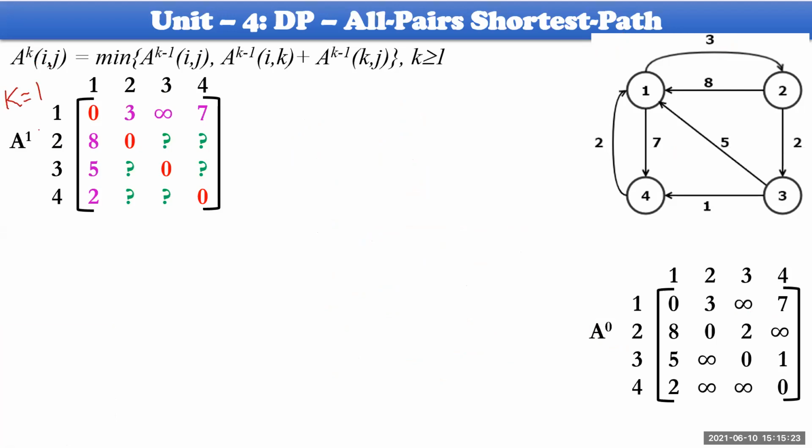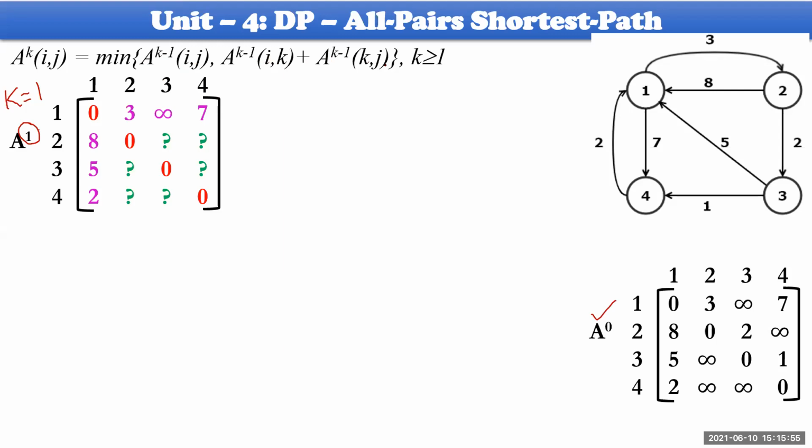A power k i comma j is equal to minimum of A power k minus 1 i comma j. K minus 1 is A power 0, which we have here. So A power k minus 1 i comma j, comma A power k minus 1 of i comma k, so as this particular value as intermediate vertex i comma k, that is 2 comma 1, plus A power k minus 1 k comma j, 2 3.